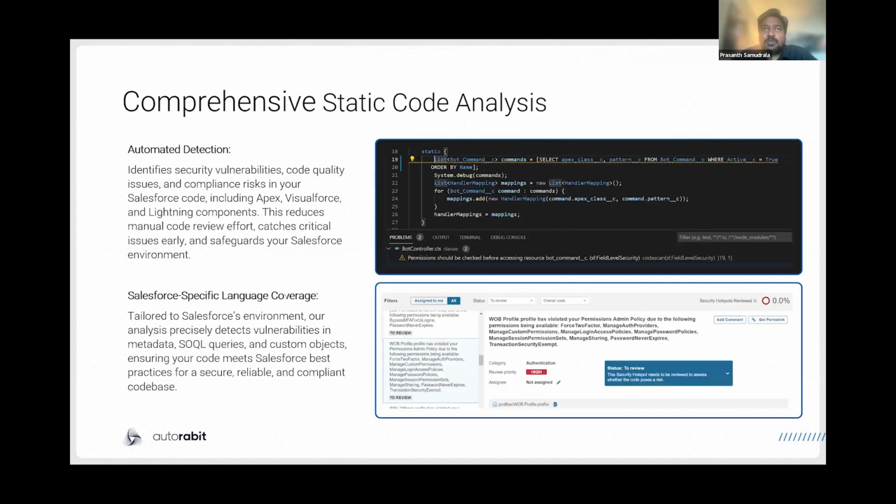All right. So what are the 5 things that you as Salesforce org administrators can take care of? The first and foremost is setting up comprehensive static code analysis. With the GPTs or any of the code generation models available out there, even when admins and developers are using them, they have to get the code back into the system.